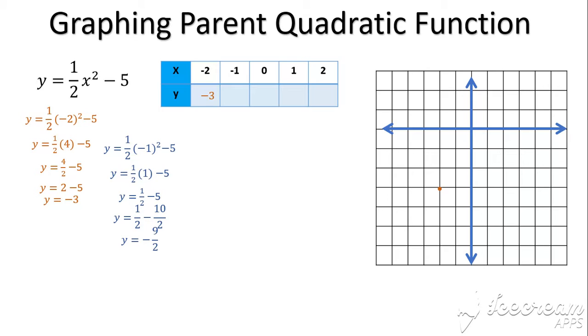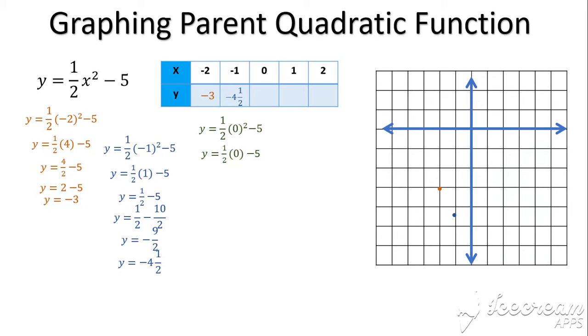So now I'm gonna place this as a mixed number, because it's an improper fraction. So I'm going to have -4 1/2, and I'll place it on here. Well, now I'm going to do it with 0, and I'm going to have 1/2 times 0 raised to the second power minus 5.